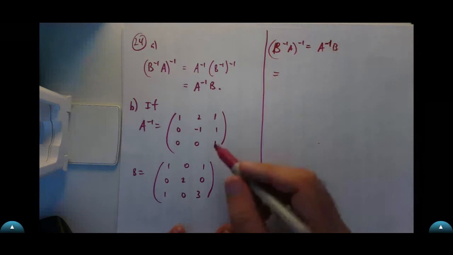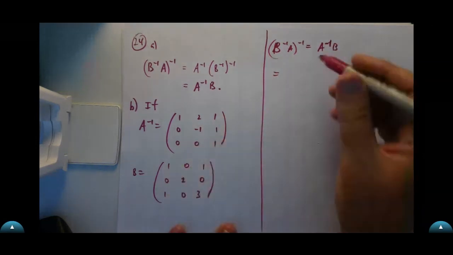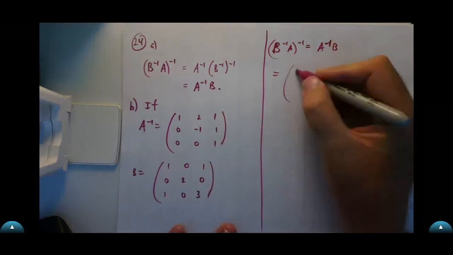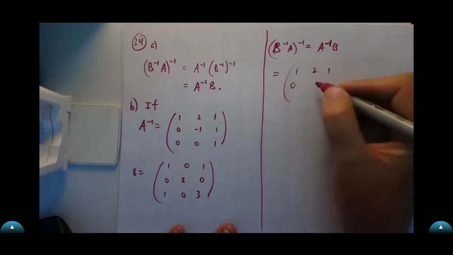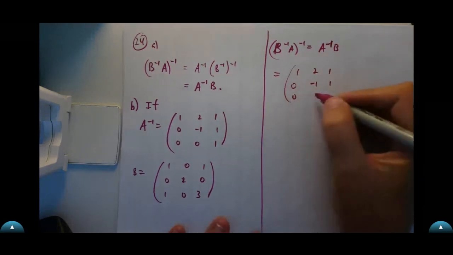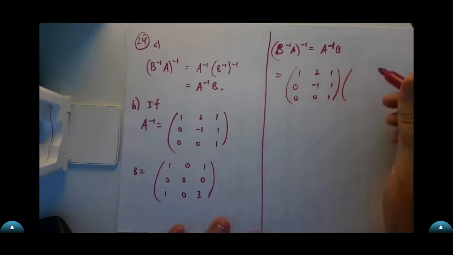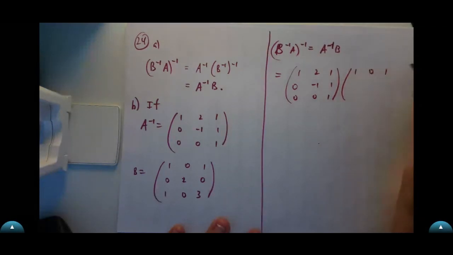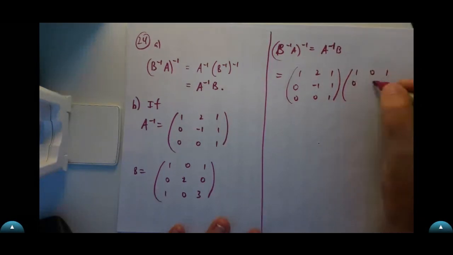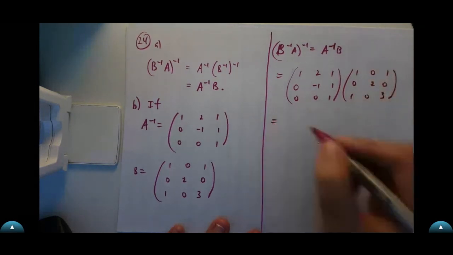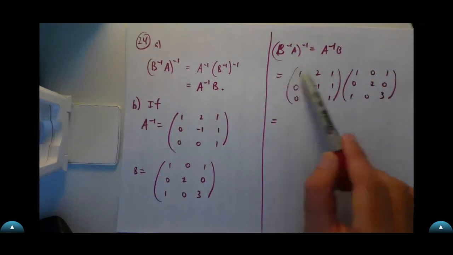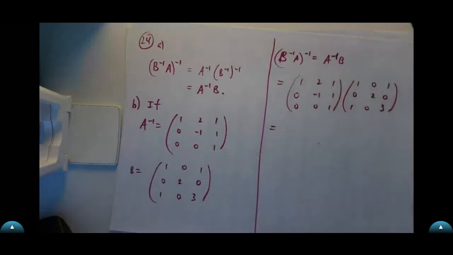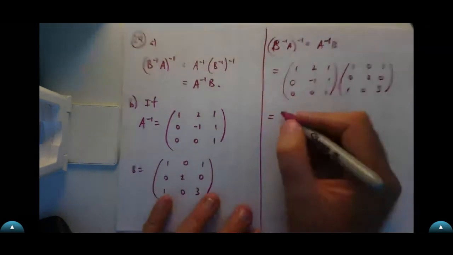That's an inverse. So it's just this matrix times this matrix. Okay, so now, in order to do this, we multiply the rows on the left with the columns on the right, like a dot product.